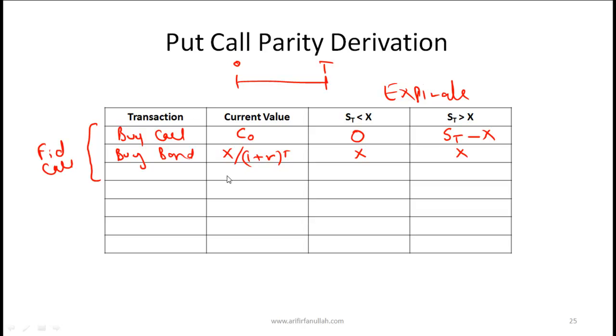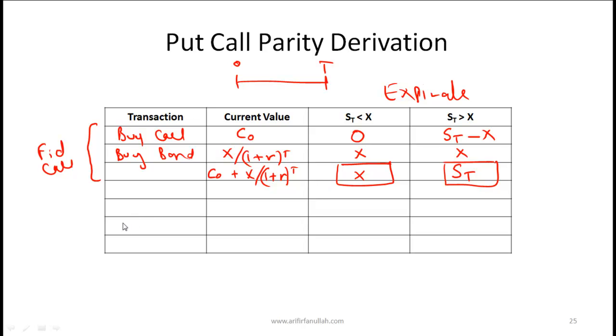The total value of the fiduciary call at time 0 is simply C naught plus X over 1 plus R to the power of T. Assuming that the stock price ends up less than X, or less than the strike price, the total value at expiration is simply equal to X. And if the stock price ends up greater than the strike price, then the total value of the fiduciary call at expiration is going to be ST. So this shows our value at expiration.